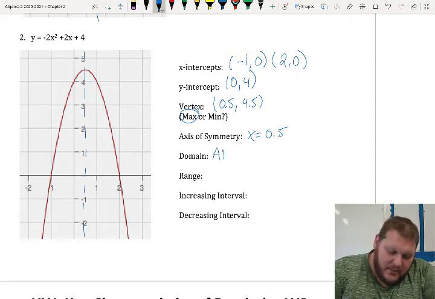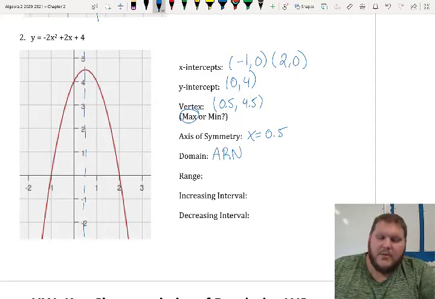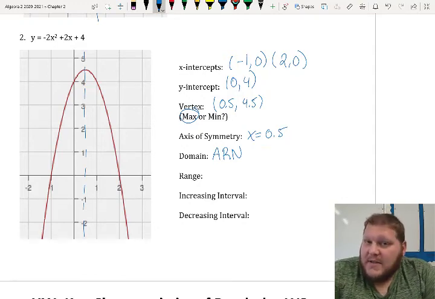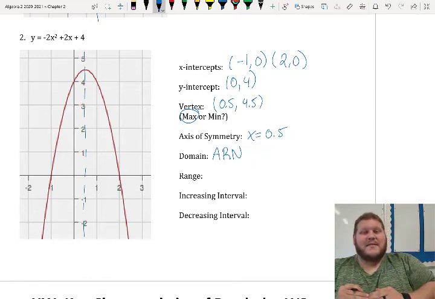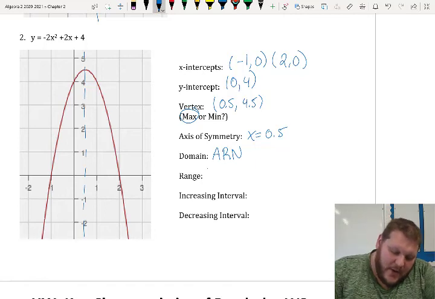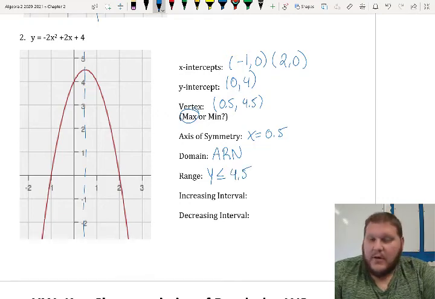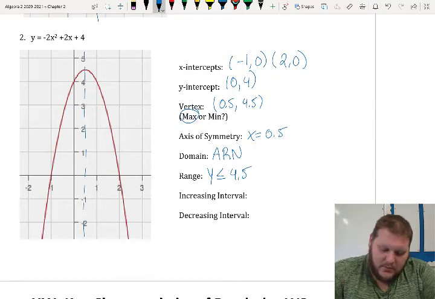Domain is still all real numbers. My range here does change because now all of my y values are going to be positive 4.5 or less because all those y values happen below my vertex now. So my range is just going to flip. So now my y values are less than or equal to 4.5 instead of greater than or equal to. So just be careful on that one.